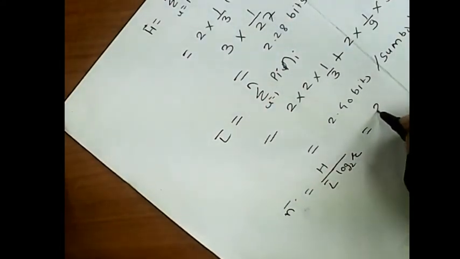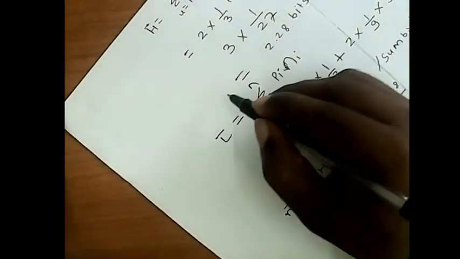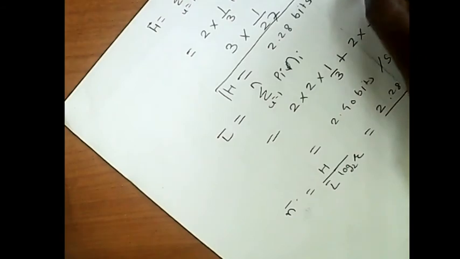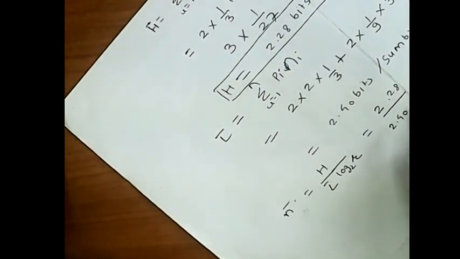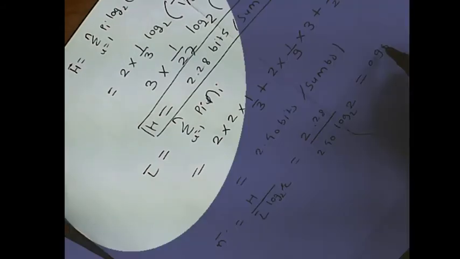So H is 2.28 bits per symbol and average code word length is 2.40 bits, log to the base 2 of R where R is 2. So the efficiency comes out to be 0.95, or in terms of percentage, 95%.